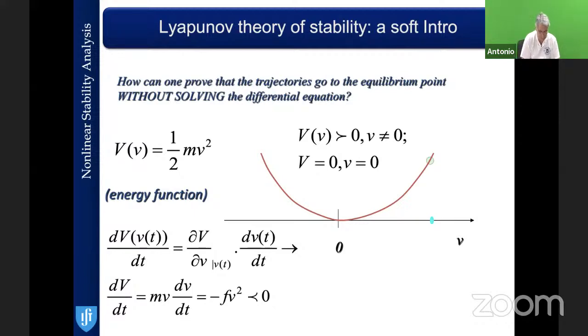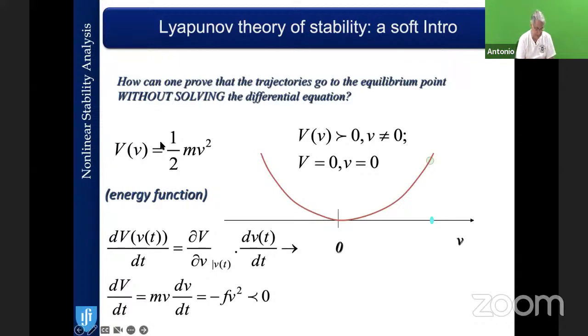So notice through this very simple example, the strategy. The first thing is I have to concoct, when we try to solve a problem and we don't know if it will work or not, we invent some energy function. At this point, it's a candidate Lyapunov function.